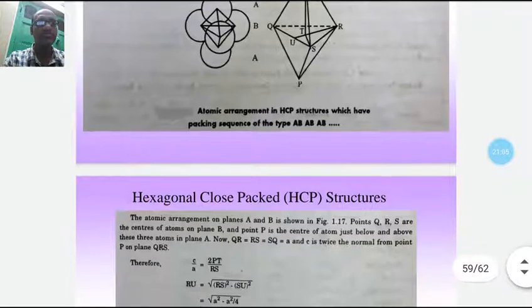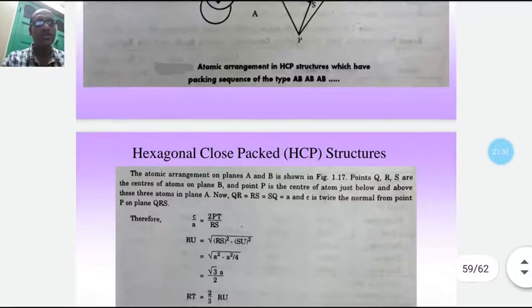RS is equal to A, that is A square, and SU is equal to A by 2, as it is the middle part of QS.